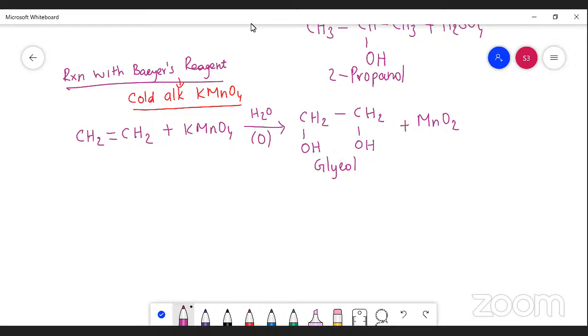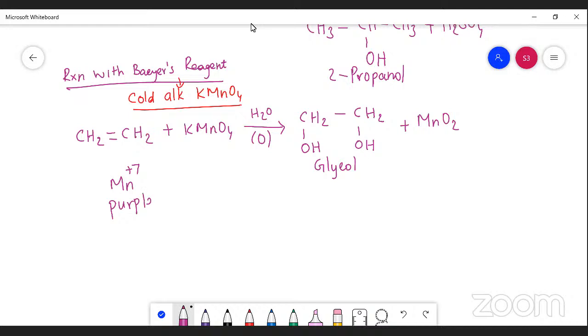Now in this reaction with KMnO4, the manganese oxidation state changes. In KMnO4, Mn is in the +7 oxidation state, and it is purple in color.